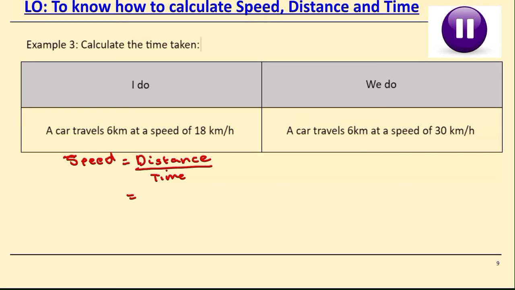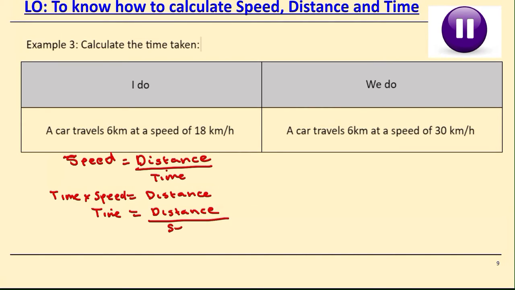So we're going to multiply both sides by time to remove time from the denominator. And what we get is time times speed equals distance. And then next we're going to divide by speed to get time by itself. We get time equals distance over speed.